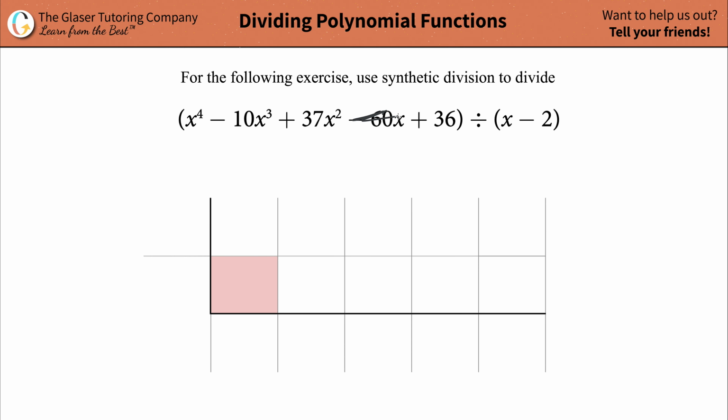If one of them is missing, you have to identify which one it is. In this case, you would just add in 0x, because 0 times anything is 0, and adding 0 to something changes nothing. That gives you the coefficient of your x term, just in case the problem changes on you.